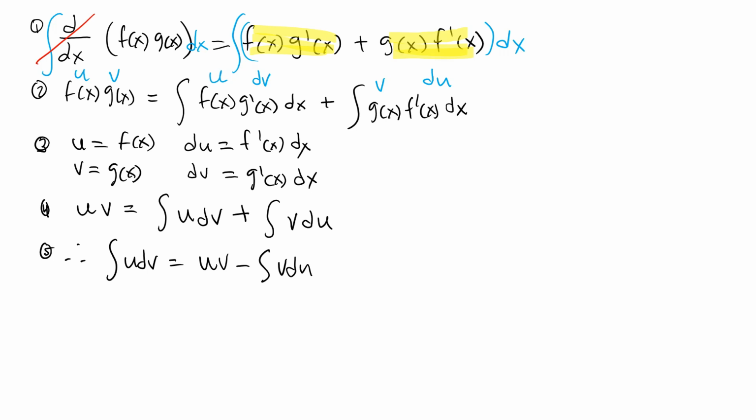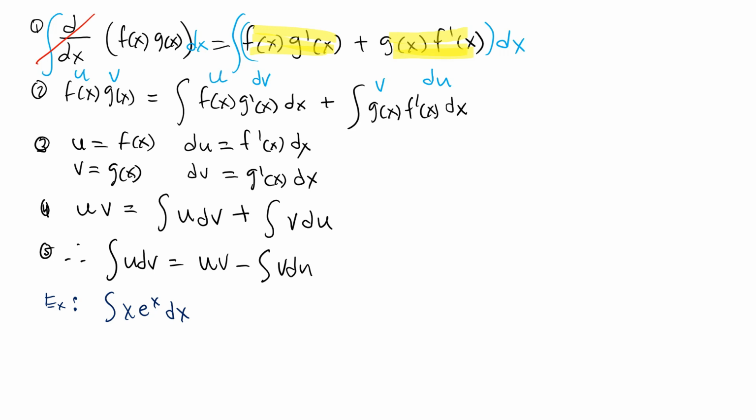The reason why I'm saying we isolate the u dv is, let me give a slight example here. Let's just say we had the indefinite integral of x e to the x, right?